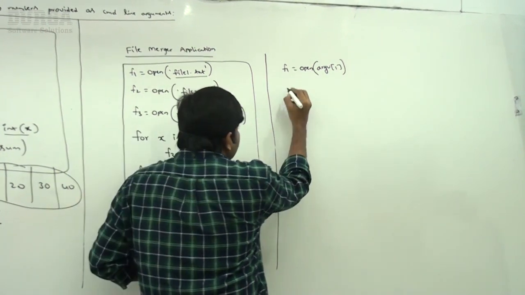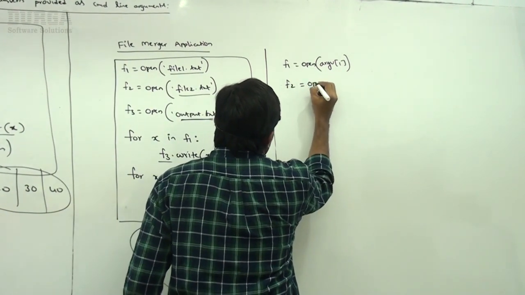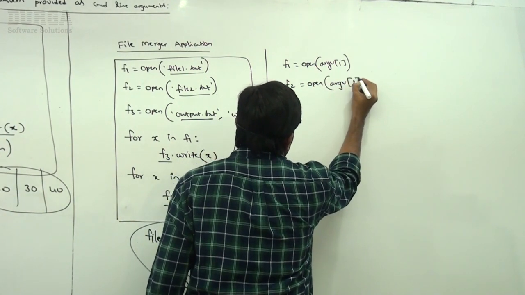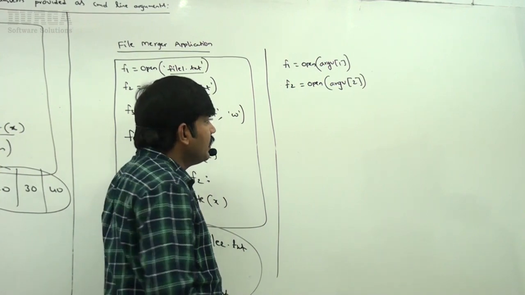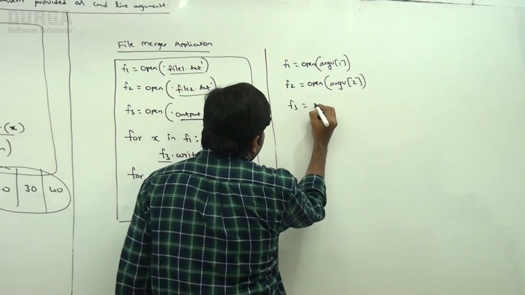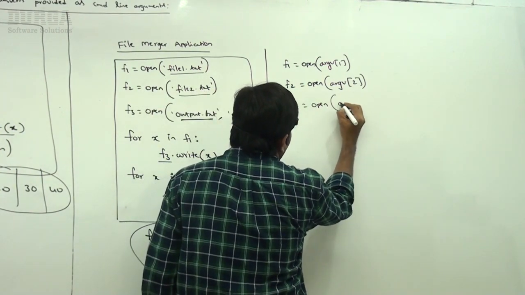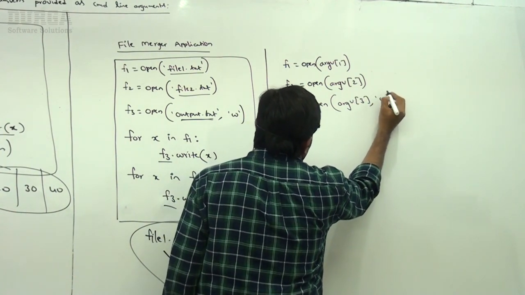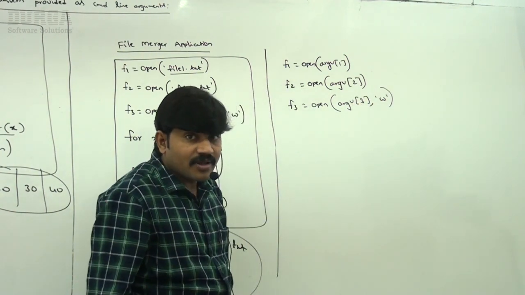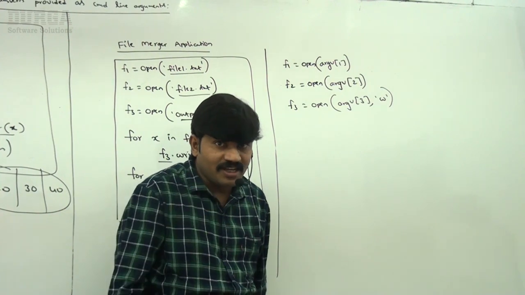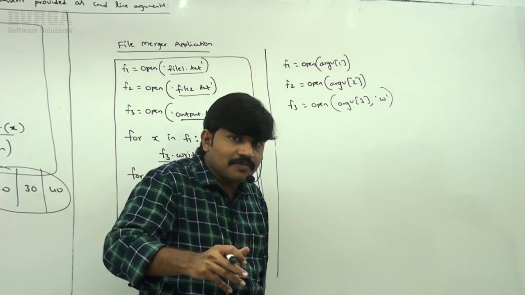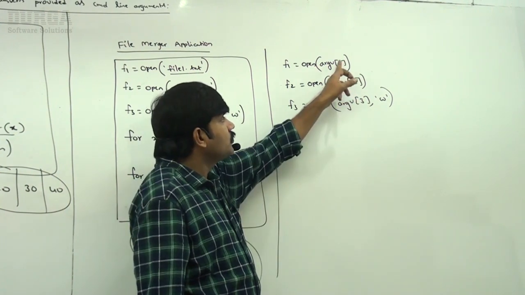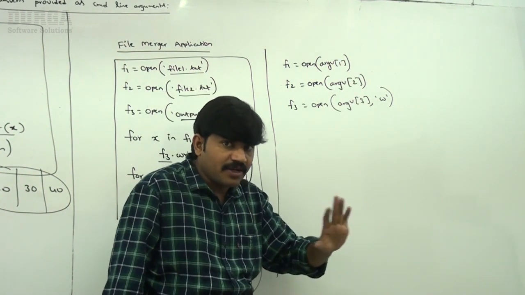Similarly F2 is equal to open of argv[2]. Next, F3 is equal to open of argv[3], comma, 'w'. So observe carefully, I'm not hard coding file names. I will pass file names from the command prompt and use those dynamically provided file names.